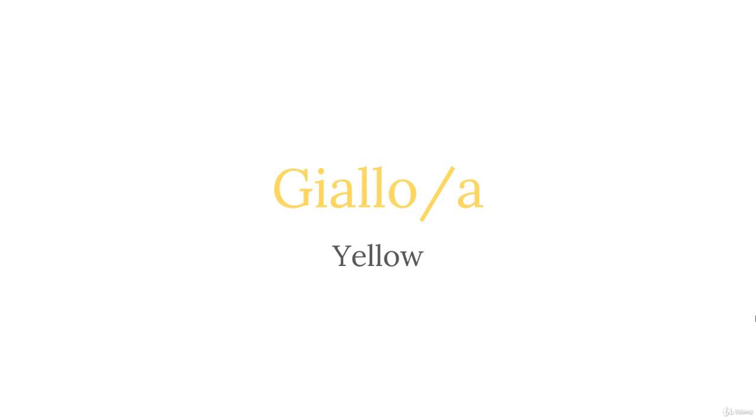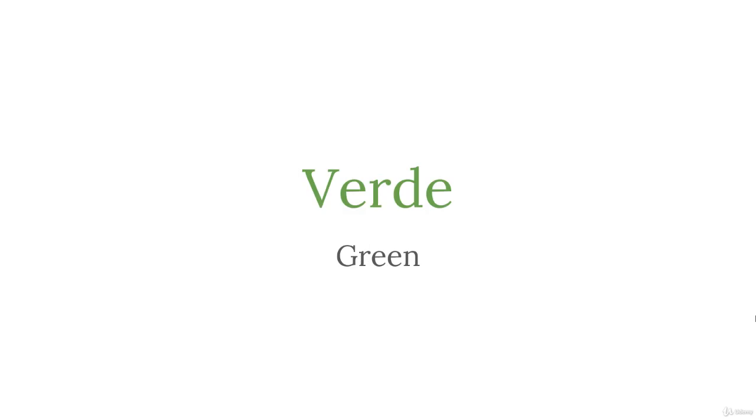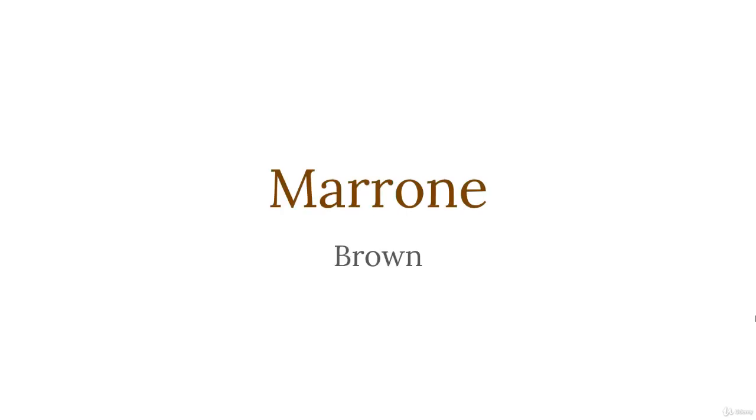Okay, giallo, gialla. Then we have green. Green is always, no matter what, verde. Perfect. Then we have brown. Brown is always marrone. Marrone. It never changes as well.